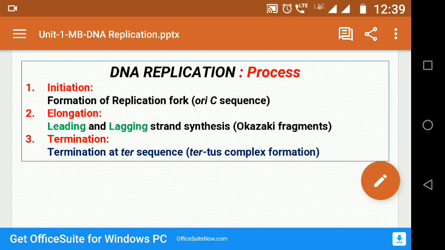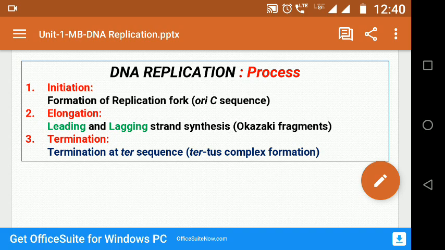And the second stage is elongation. So once the initiation of replication takes place, now the DNA polymerase gradually moves along the separated old DNA strands, and synthesizes a new DNA strand around each old strand.